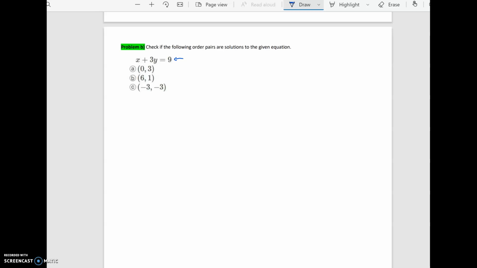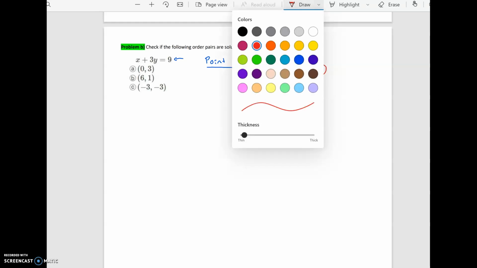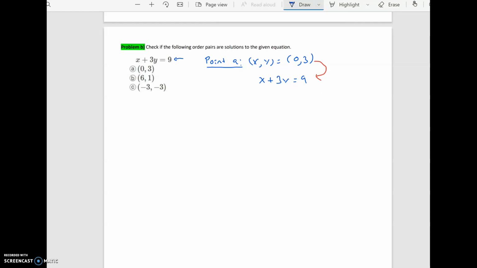So let me start with point A. Now, point A as an x and a y happens to be (0, 3). And the equation is x plus 3y is equal to 9. And remember that if they're on the line, we're plugging them into the equation, and that would give us a true statement that represents that they're part of the line. So in this case, your x value is 0 plus 3 times your y value, which is 3.